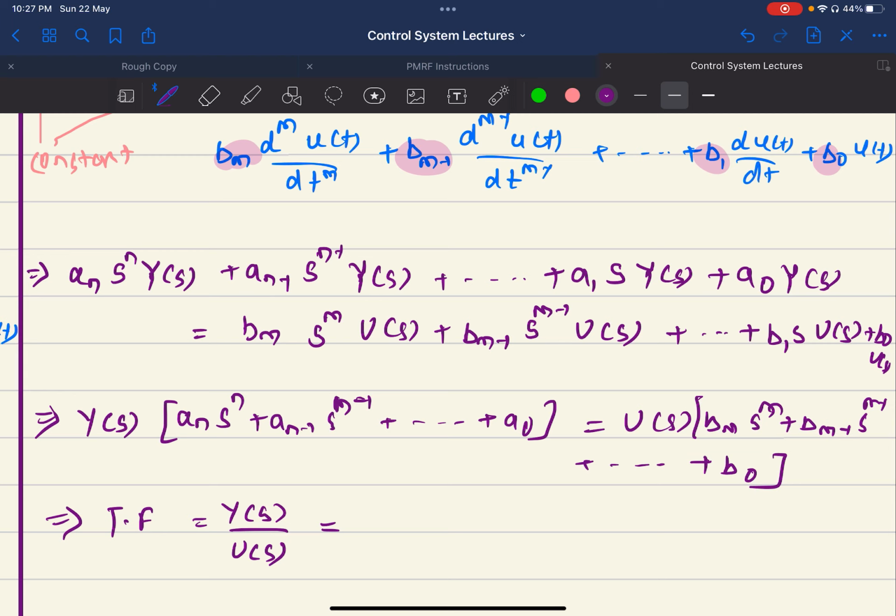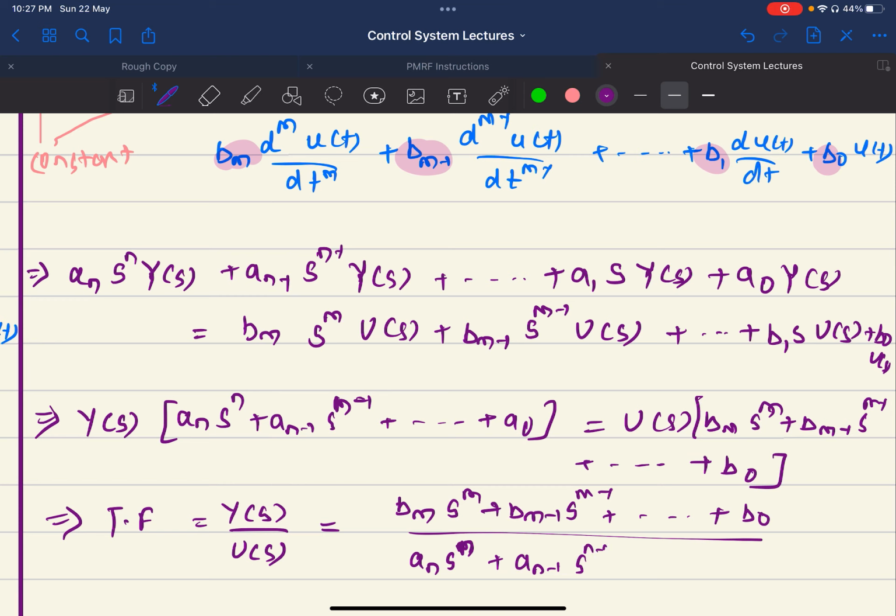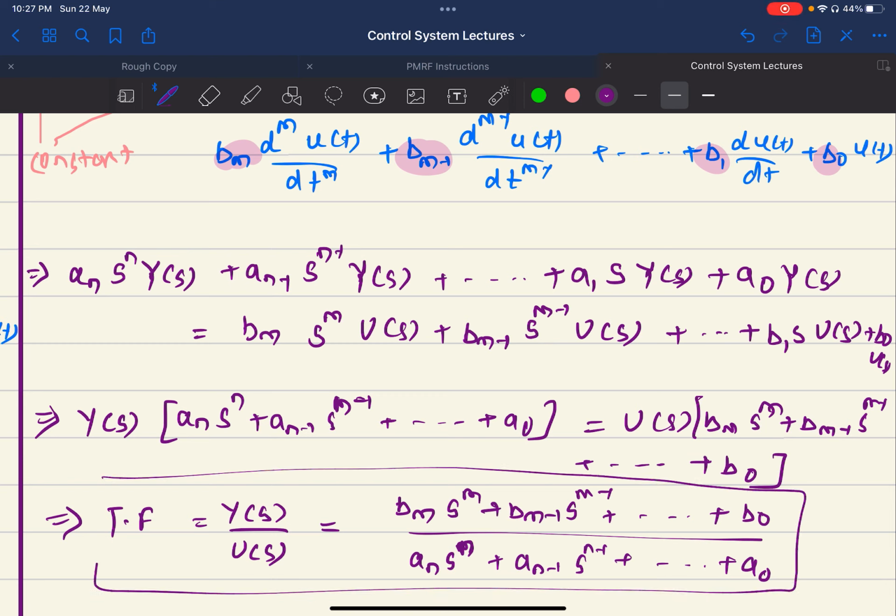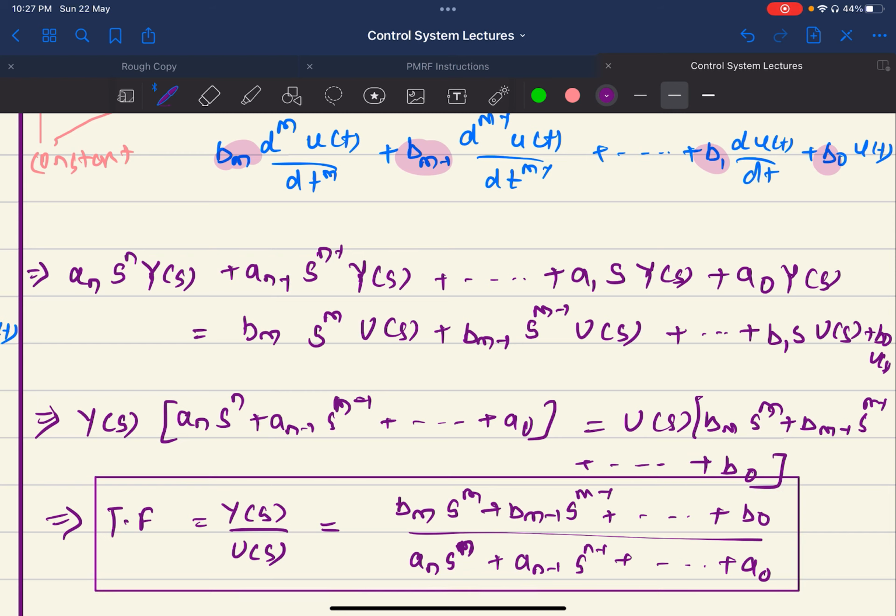So Y of s by U of s is equal to b_m s to the power m plus b_(m-1) s to the power m minus 1, up to b0, divided by a_n s to the power n plus a_(n-1) s to the power n minus 1, up to a0. This is the expression for the Laplace transform, so a common transfer function for an LTI system.